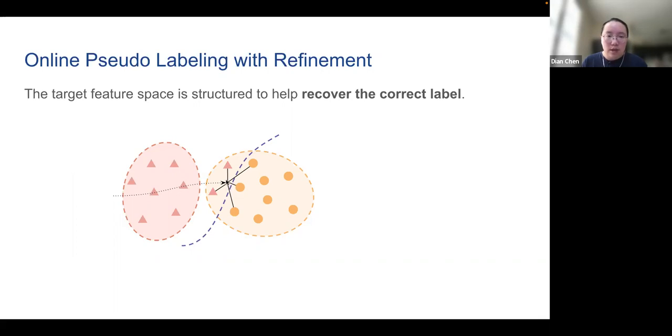It might actually belong to the yellow class, but given this classifier, which is not adapted yet, it might get a wrong assigned class. Let's say it is a triangle for the pseudo label.